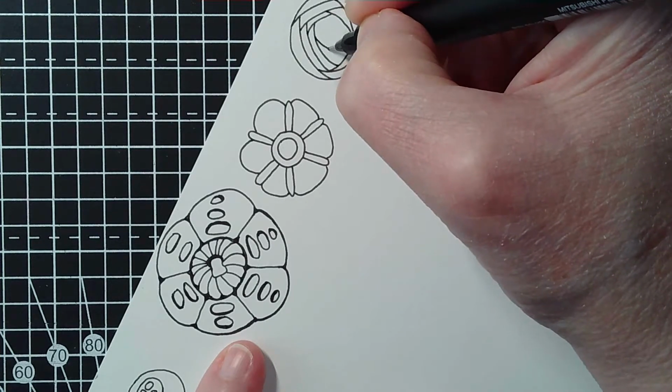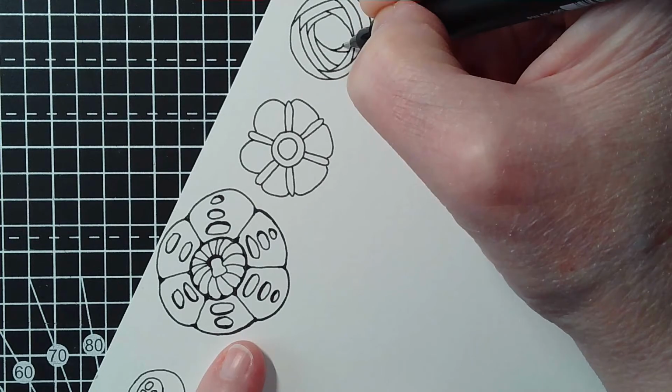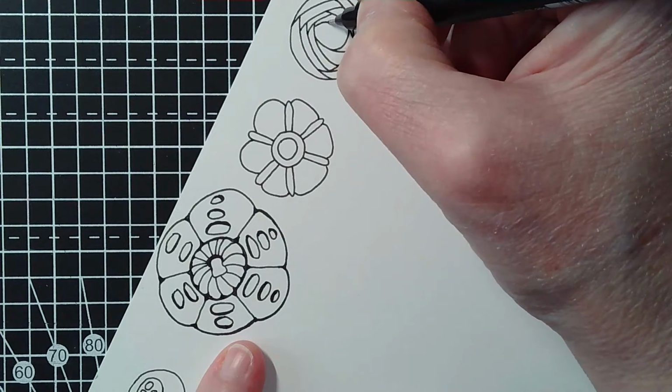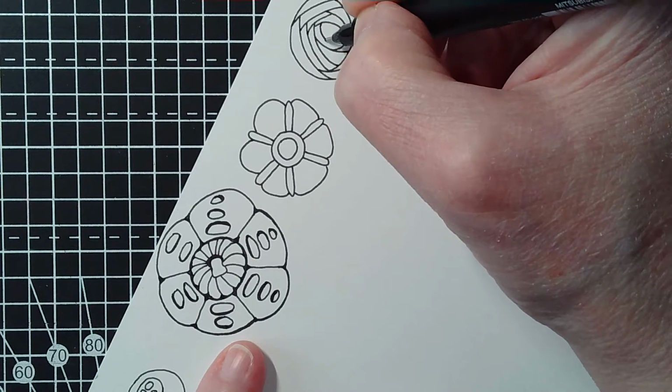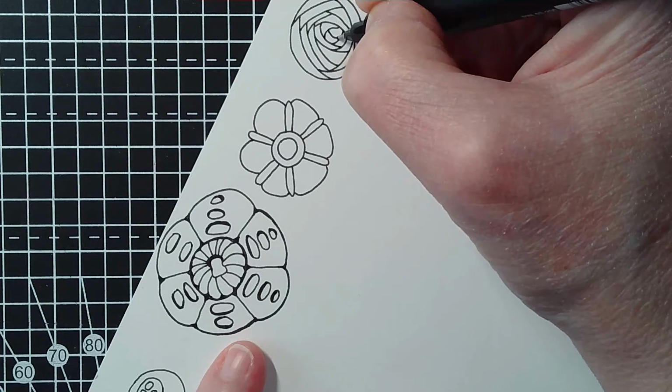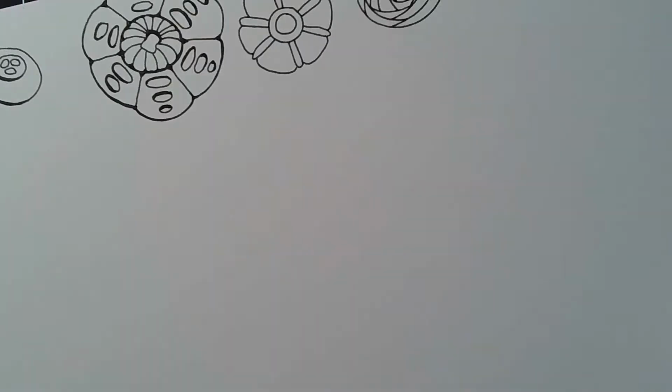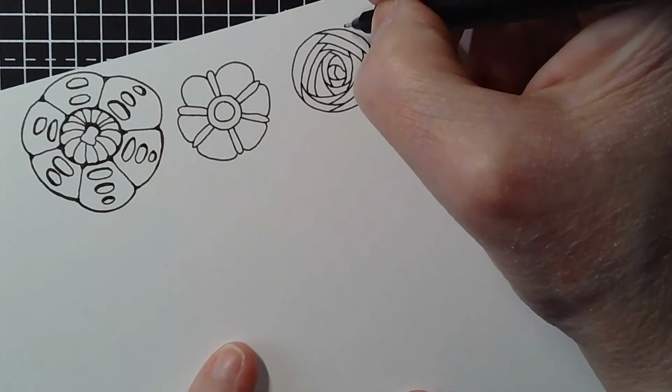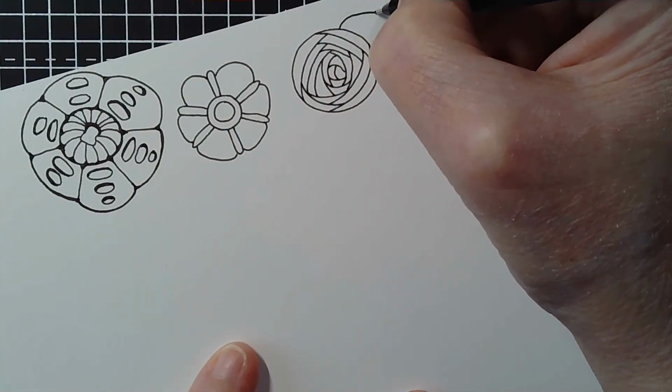So I'm sure you can see the difference, and just gradually creating the shape of a rose, I hope. And it's the randomness, I think, that turns it into a rose more than anything else.